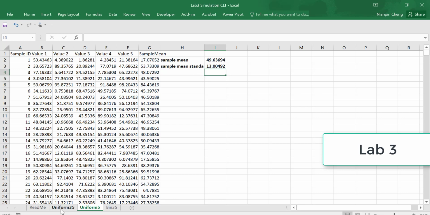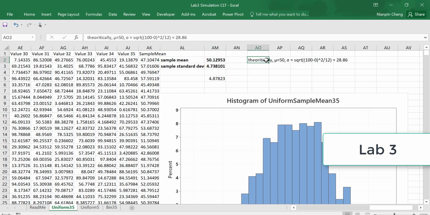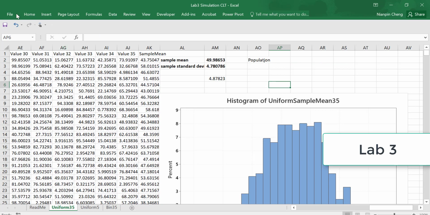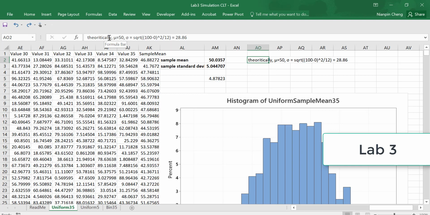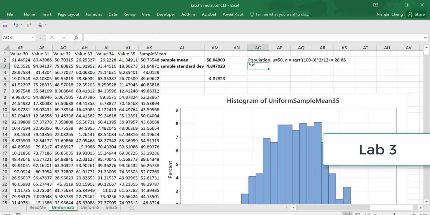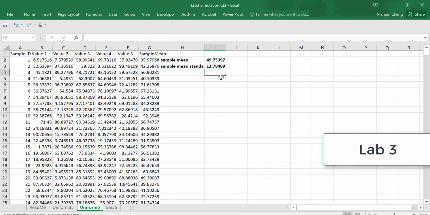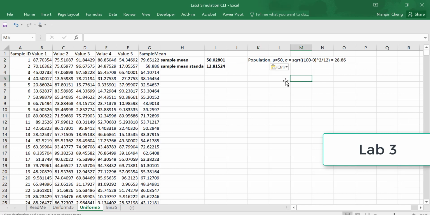Now we compare with the population. I can change the label to population. So we can compare. See, here is the population. Although this time my sample size becomes smaller, only 5, the sample mean is still very close to the population mean.